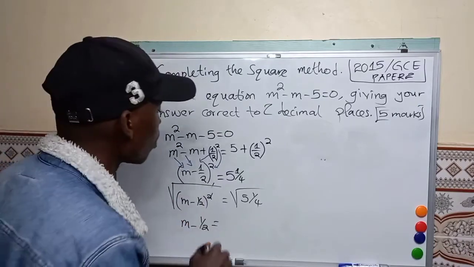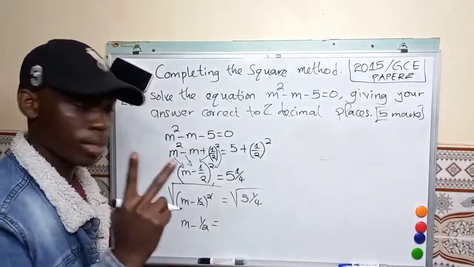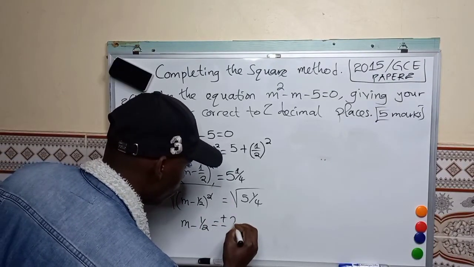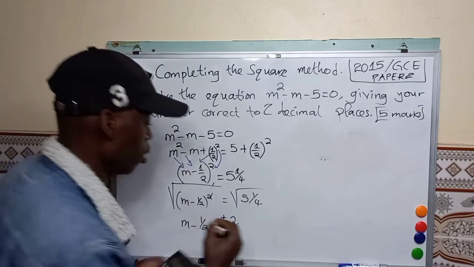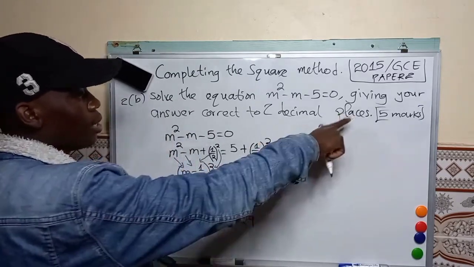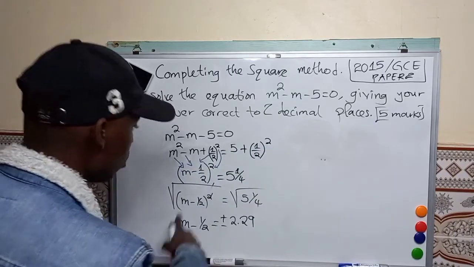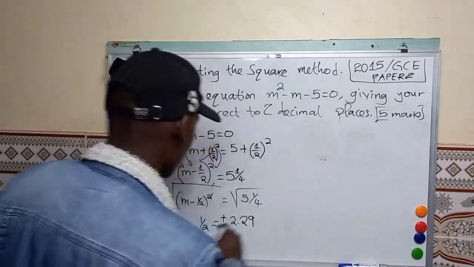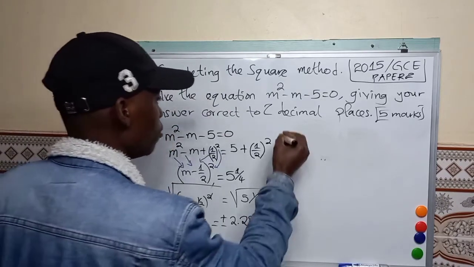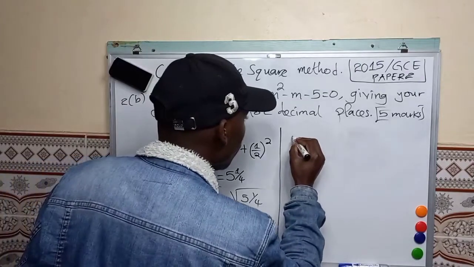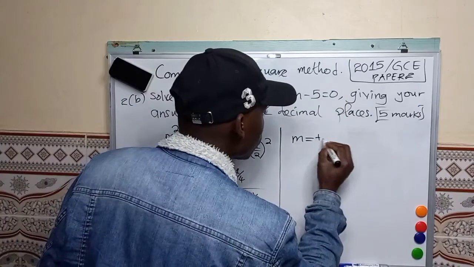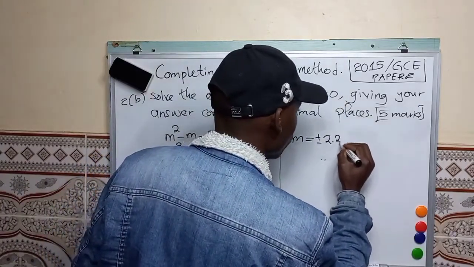Now remember, always when you square root, you have two answers, either the positive or the negative. So you have the square root of 2.29. We're leaving it in 2 decimal places, like I said. Then you take this on the other side of the equation, so that you can find the value of m, you take the 1 over 2 on the other side of the equation. So m is equal to plus or minus 2.29.